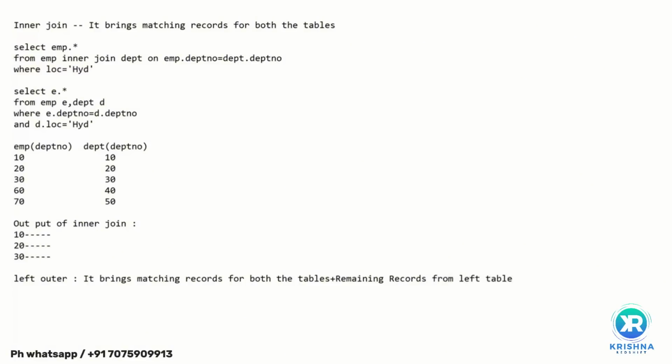That's why it's called left outer. What it brings? It brings matching records from both the tables, which basically is the output of the inner join, right? Matching records from both the tables means actually the output of the inner join, plus remaining records from left table.